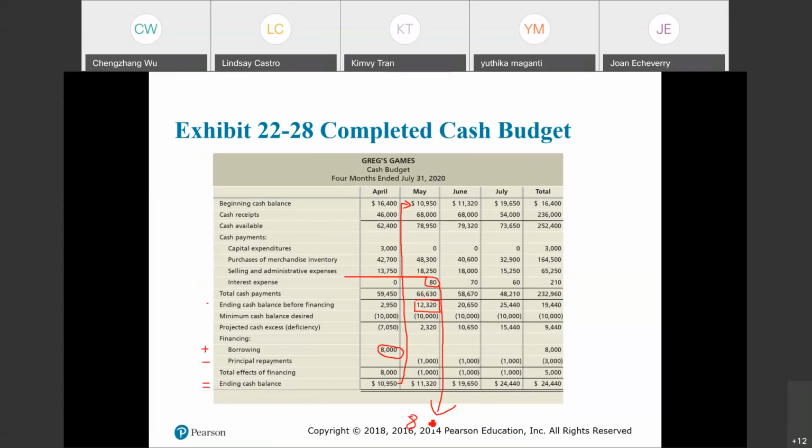For May, the remaining principal is $8,000. Principal times interest rate. I said the annual interest rate is 12%.